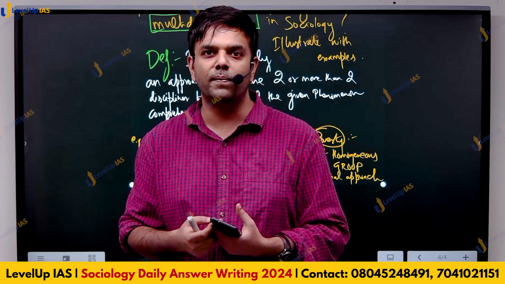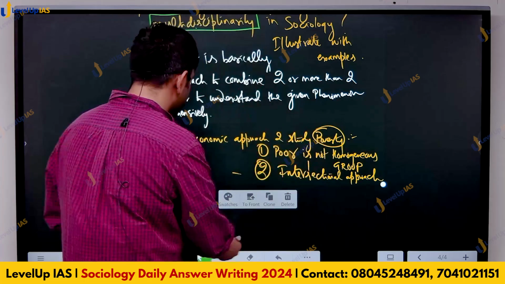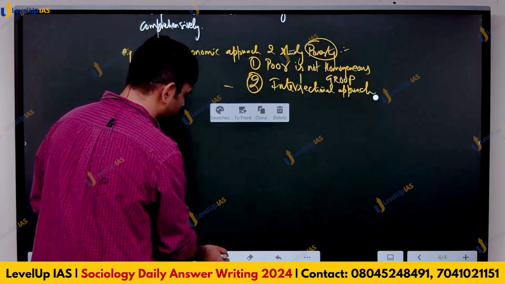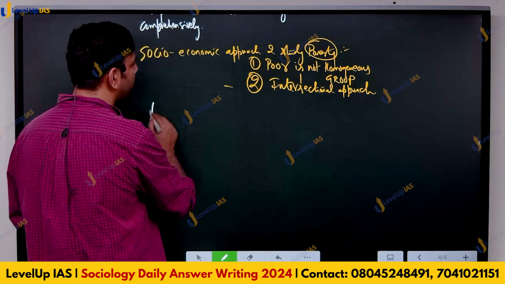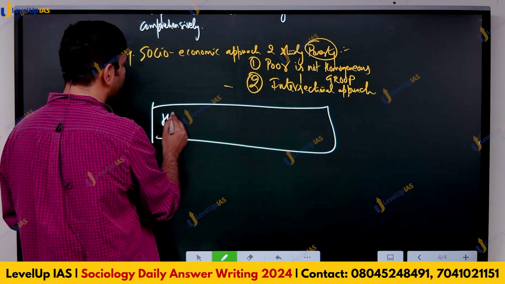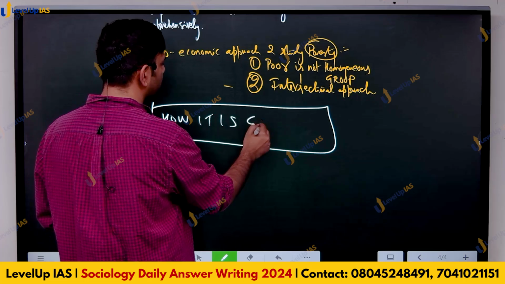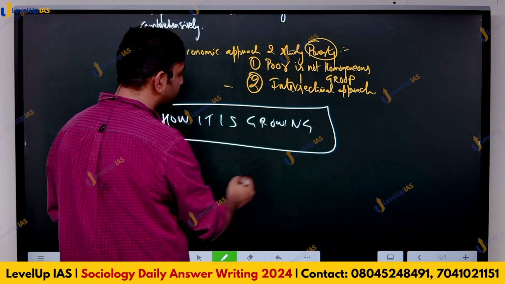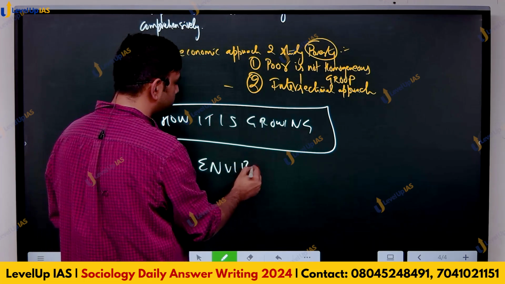That is why we talk about branches like subheading. I'll tell you what should be the subheading, how it is growing. You can talk about environmental sociology.